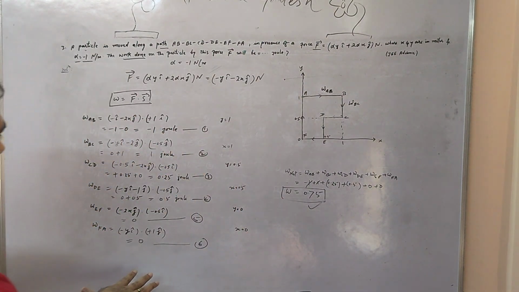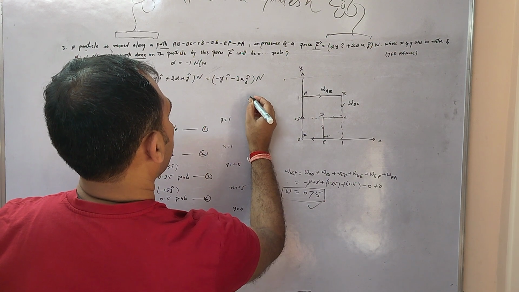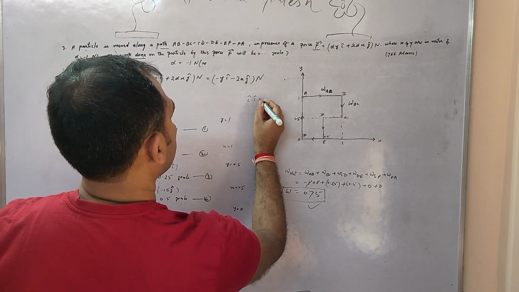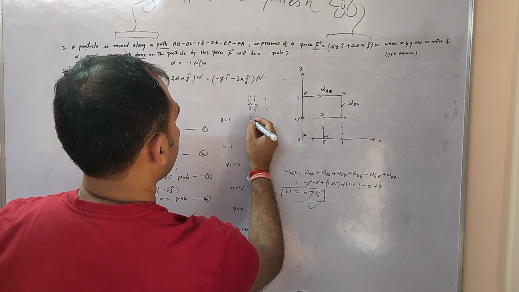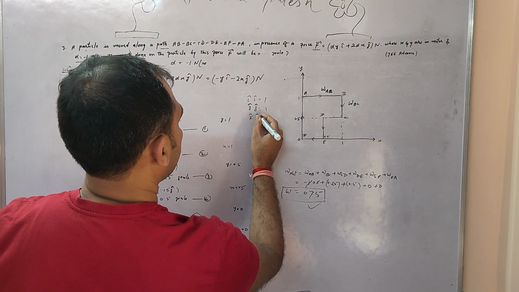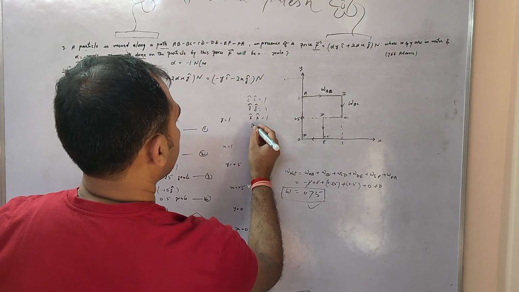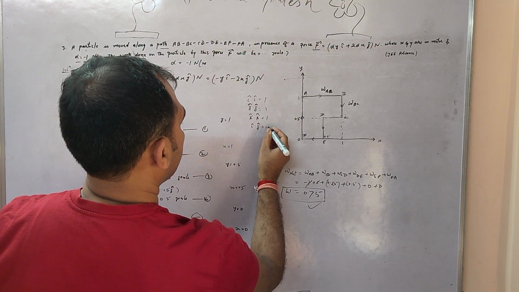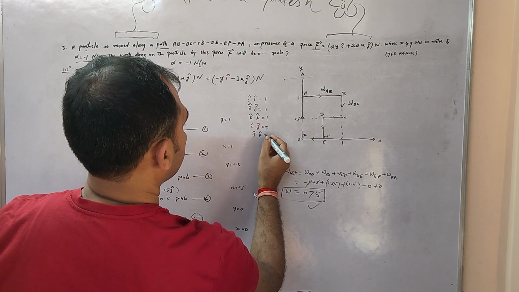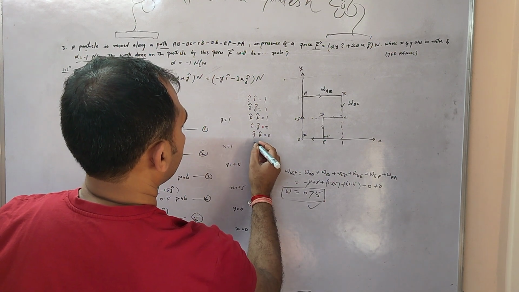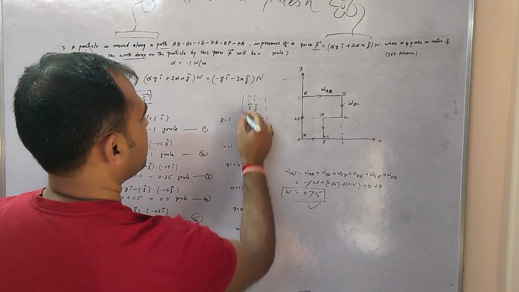Rest everyone knows. i dot i is equal to 1, j dot j is equal to 1, k dot k is equal to 1, i dot j is equal to 0, j dot k is 0, k dot i is 0.